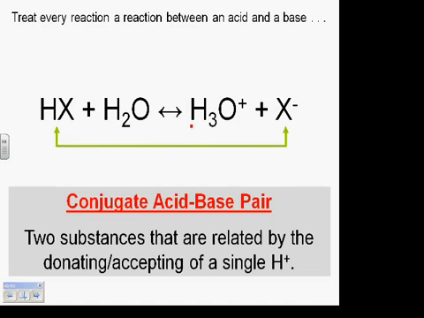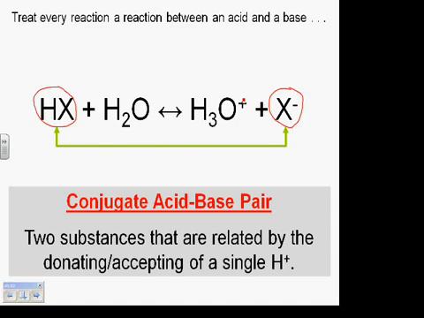So in this particular reaction, the hydrogen is passed back and forth between this acid, HX, and the anion, X minus. They are linked together by the passing of a hydrogen back and forth. HX is the acid, X minus is the conjugate base.